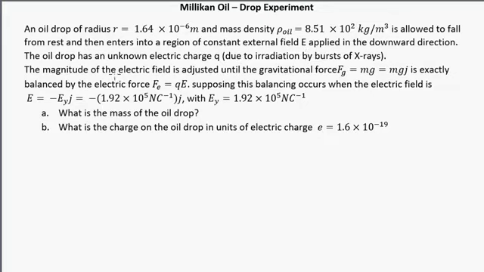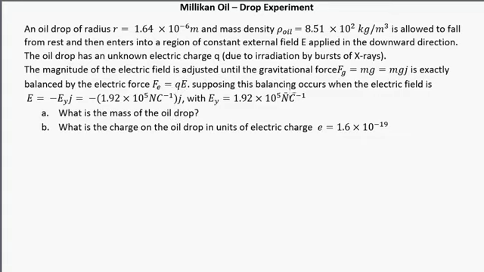So the magnitude of the electric field is adjusted until the gravitational force, that's Fg, which is equal to mg j, is exactly balanced by the electric force Fe, which is equal to QE.